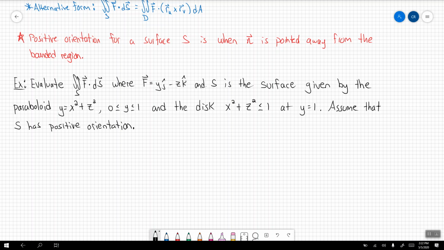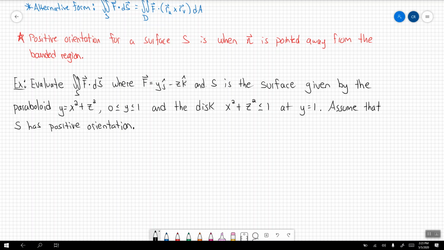So this paraboloid bounded by 0 and 1, and then it's also going to have a bounding of this disk x squared plus z squared less than or equal to 1 at y is equal to 1. And then we're going to assume that S has positive orientation.